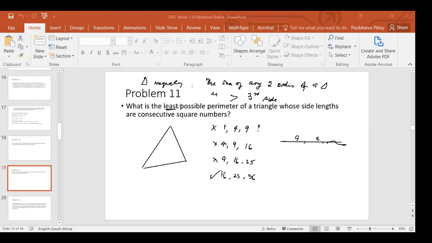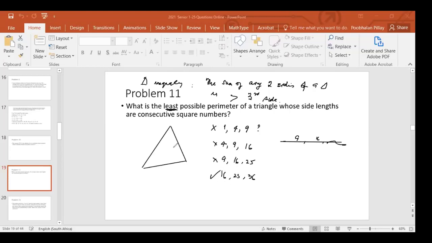We're looking for the least possible perimeter, so you start from the smallest and see whether it works, and keep going up until you come to this, because then you eliminate all the smaller ones. So this will have to be the least possible one.